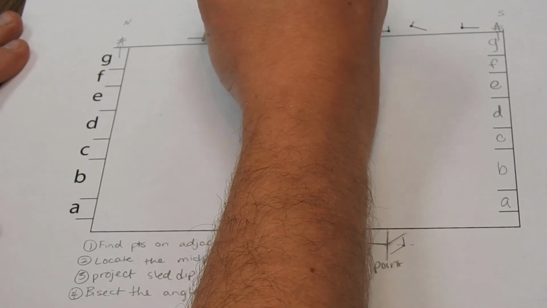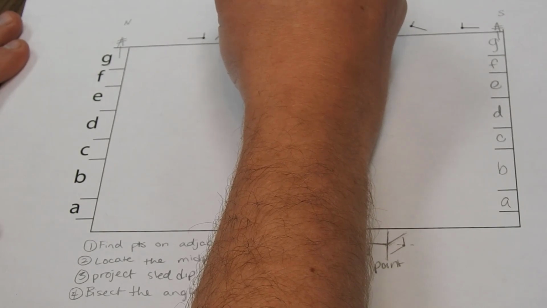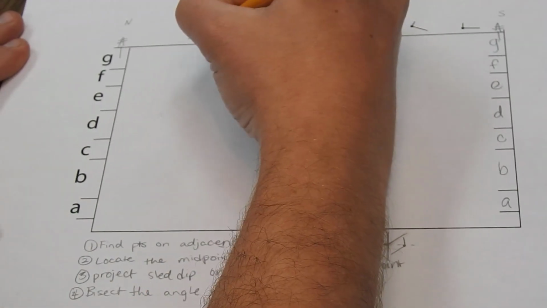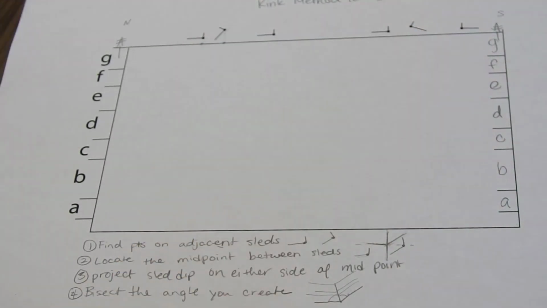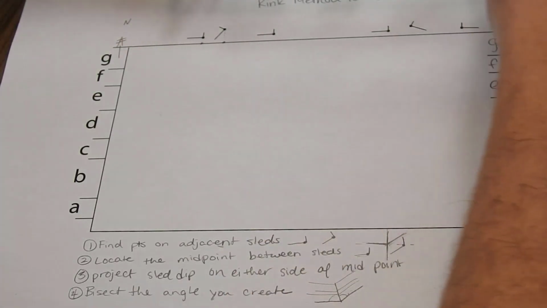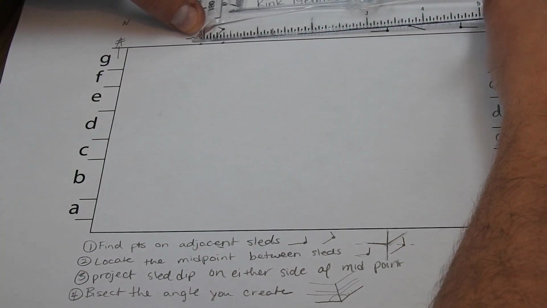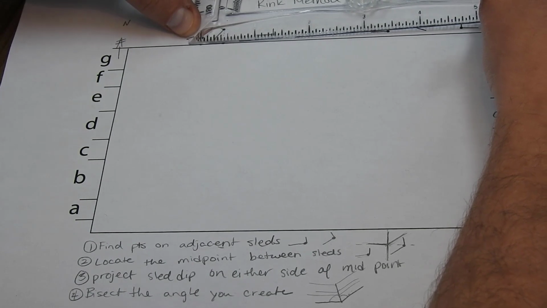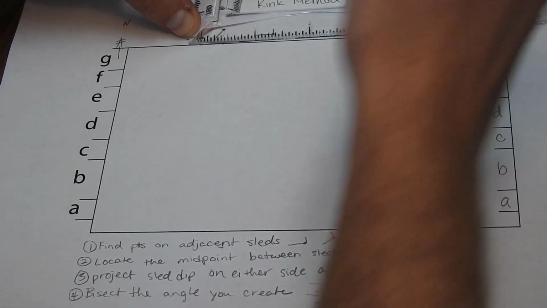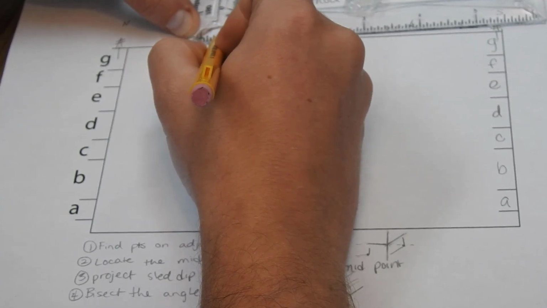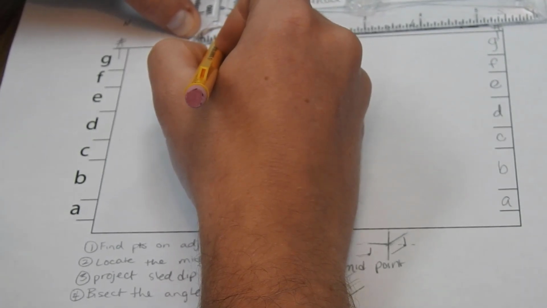I'm going to make my life easier. I'm going to think about where those points would meet the topography, and then I'm going to measure them and find the midpoint, or bisect that distance. So for me, this is about 1, 2, 3, 4, 5, 6 sixteenths.